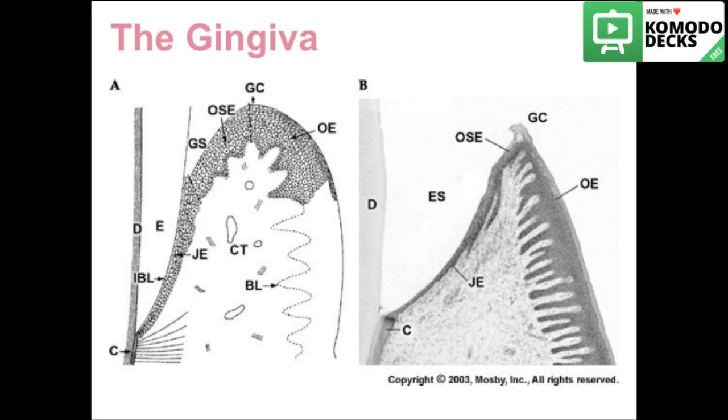The junctional epithelium starts from the cemento-enamel junction to the base of the gingival sulcus. It has an external basal lamina and internal basal lamina. It is the most thin specialized mucosa in the oral cavity.